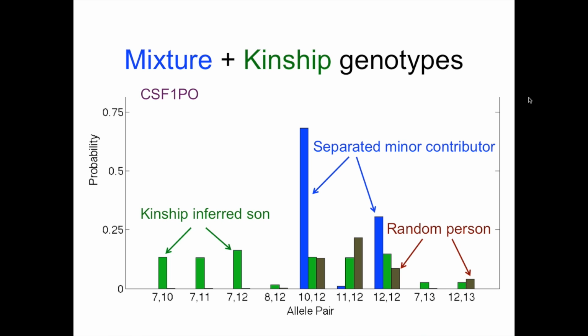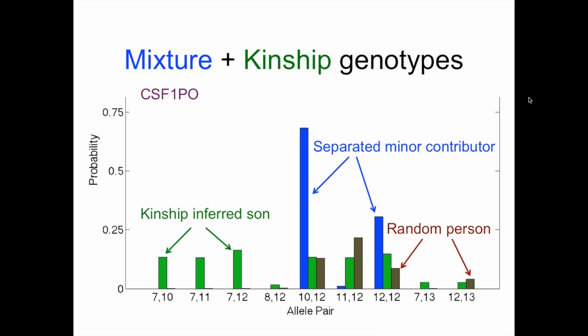So this is what it looks like. In blue, we're talking about the minor contributor here at locus CSF. And on the bottom of the chart, we've listed about 10 allele pairs. The y-axis is showing the probability. And within any color, the probabilities add up to 1. The blue bars in the center are the probability distribution of that minor contributor, a genotype separated out from the mixture.